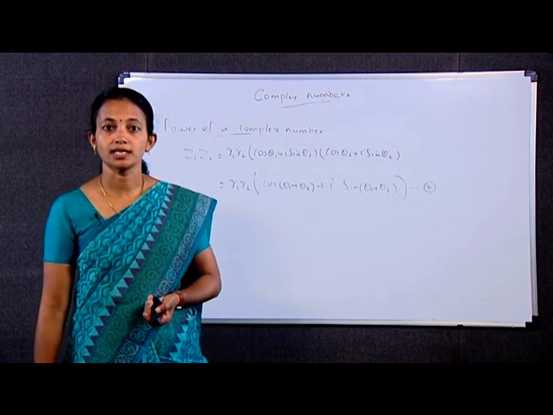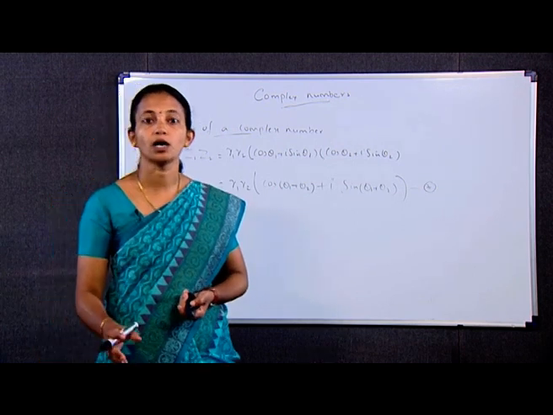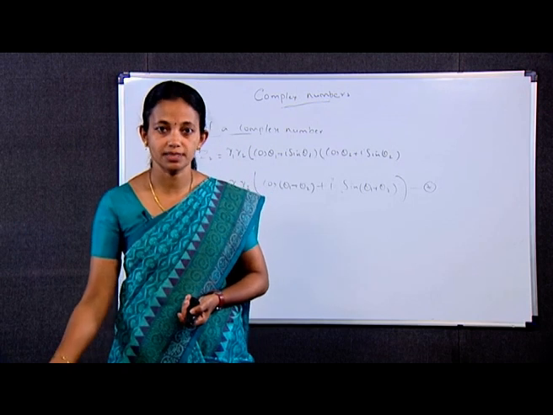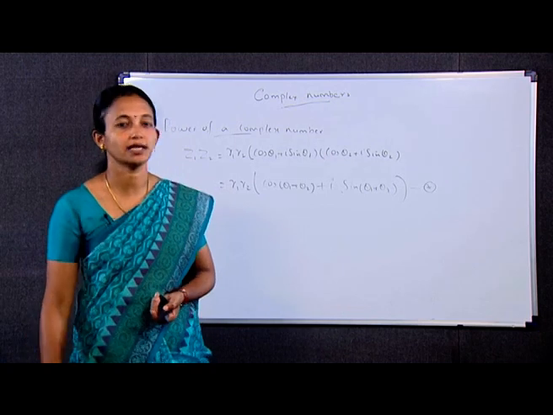Then we have z1 into etc. into z(m minus 1) is equal to r1 etc. into r(m minus 1) into (cos (theta 1 plus etc. plus theta m minus 1) plus i sin (theta 1 plus etc. plus theta m minus 1)).